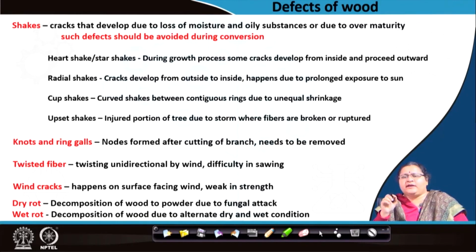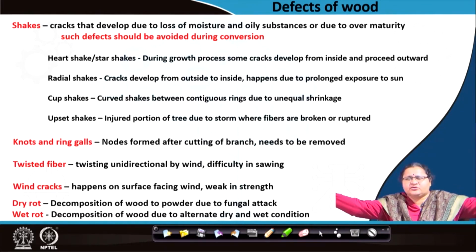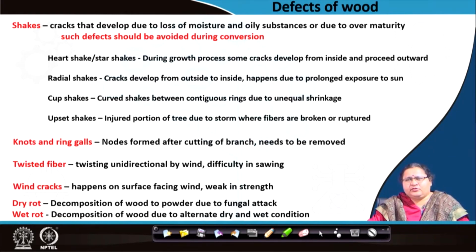Now, when we need wood for building purposes, we may require it in 2 feet length, or we may require it in 12 feet length. When it is subjected to tension, when it is subjected to axial load, we may have a roof truss, which may have wooden members as long as 14 feet, 15 feet.